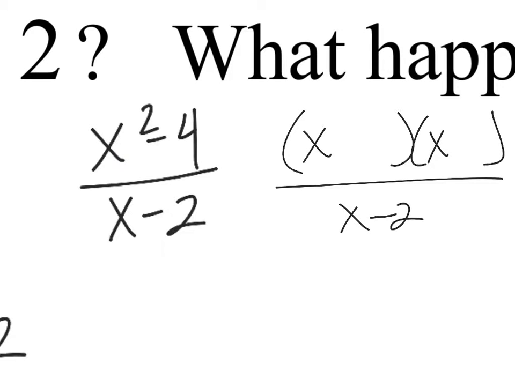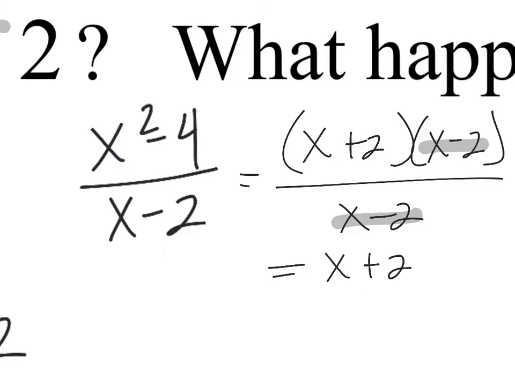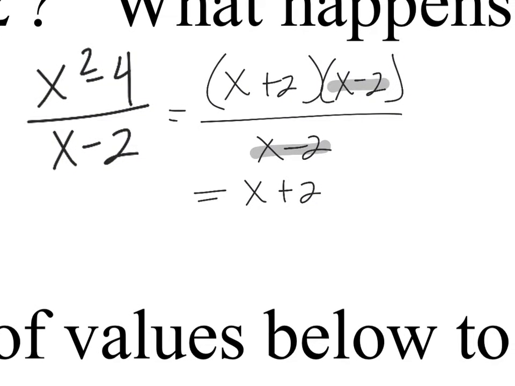That's just a difference of squares, x plus 2, x minus 2. Hopefully you see that the top and bottom cancel out. Okay, so all we're left with is x plus 2. And that's a line, but at 2, the function doesn't exist.